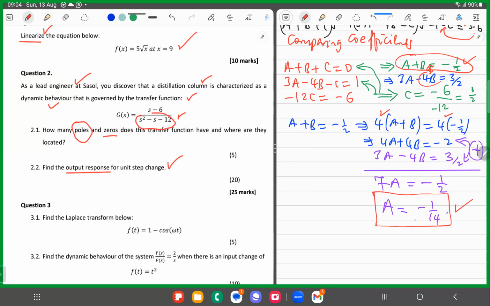So I can use any of the equations to get b, like using the first one, the red one, a plus b plus c equals 0.